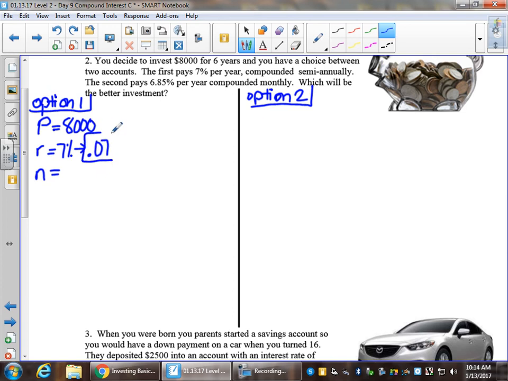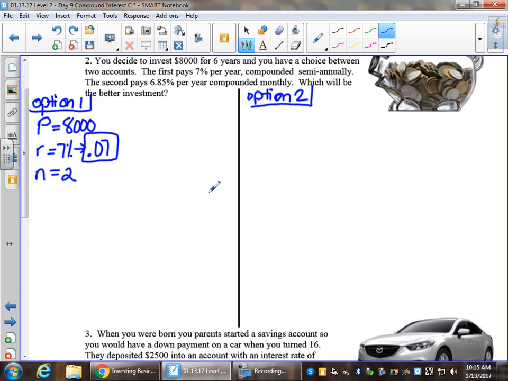So careful. If you said 0.7, what are you saying? That's 70%. So I have a lot of people who are verbally helping me out right now. That's great. I need to see you writing this with me at the same time. So don't just contribute your answers. Make sure you follow with the notes. N is, careful, the first option, semi-annually, N is 2.